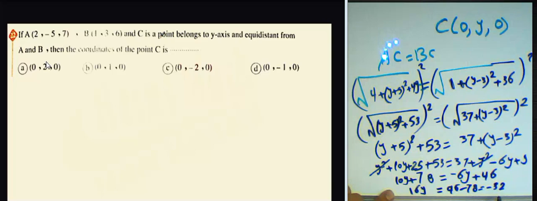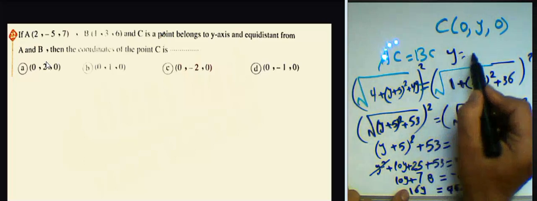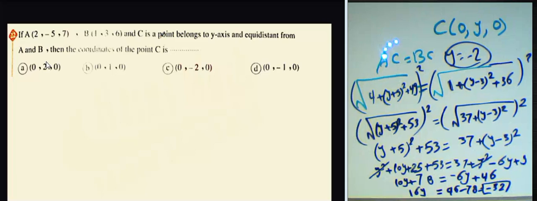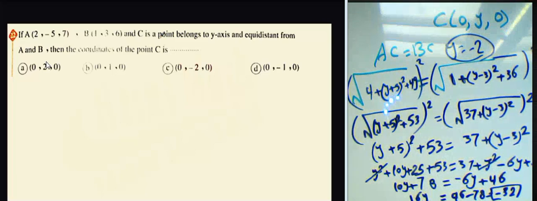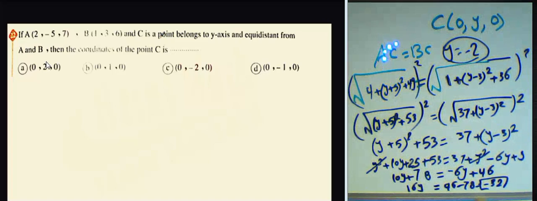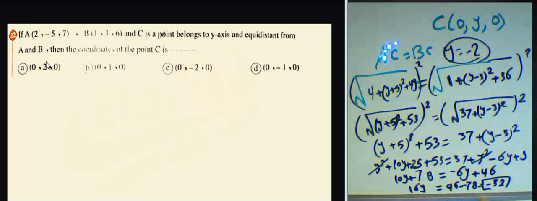Negative 32 divided by 16 to get y. Then y equal negative 2. Negative 32 divided by 16 equal negative 2. Then we must choose letter C.